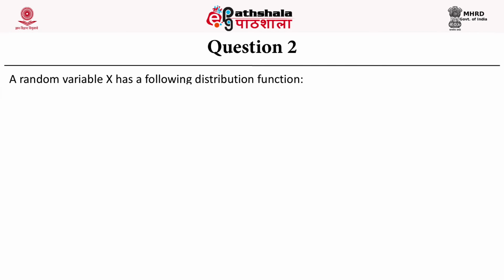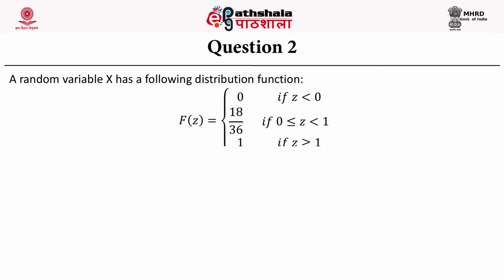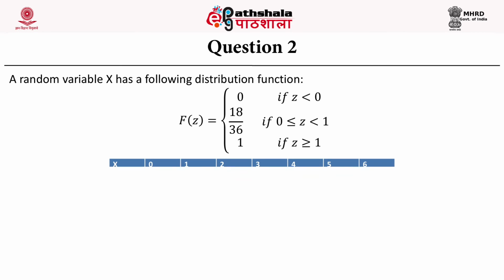A random variable x has the following distribution function. It takes value 0 when z is less than 0, F(z) is equal to 18 by 36 when z lies between 0 and 1, and when z is greater than or equal to 1, it takes value 1.